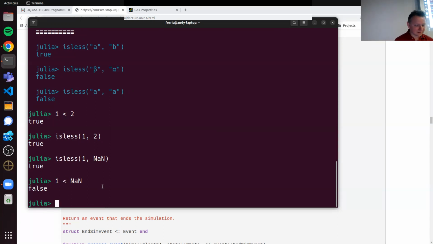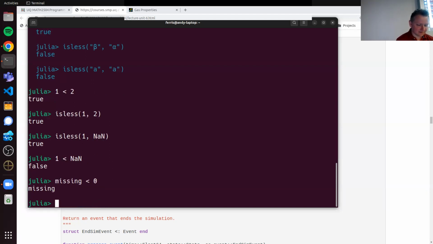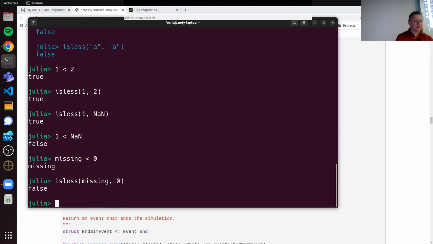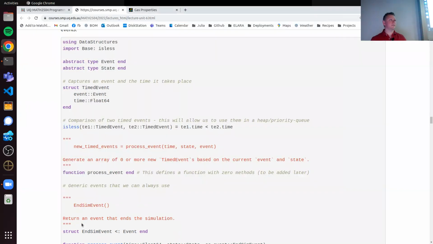We're going to have missing data, like missing less than 0, missing, but isLess, missing. Here's another example where it comes up. And the reason we want this is we're going to have a data structure, this heap that we keep alluding to. It's called a priority queue or a heap, and that priority queue is going to need to figure out the relative priority of things, which thing comes before the other.